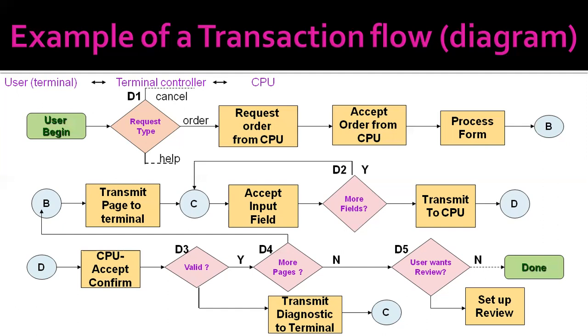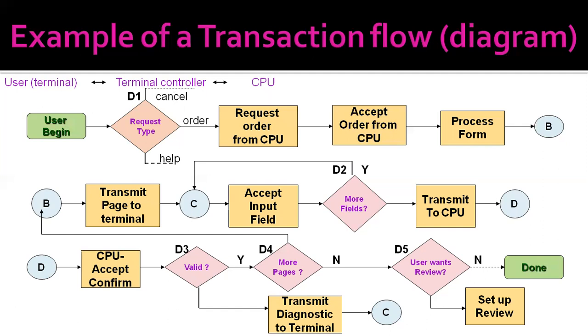The first one is user terminals or dumb terminals. The second one is the controller terminal. And the third one is the main CPU. So these user terminals are connected to the controller terminals, and the controller terminals are connected to the CPU.